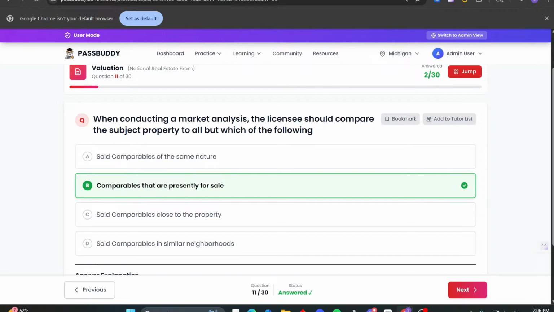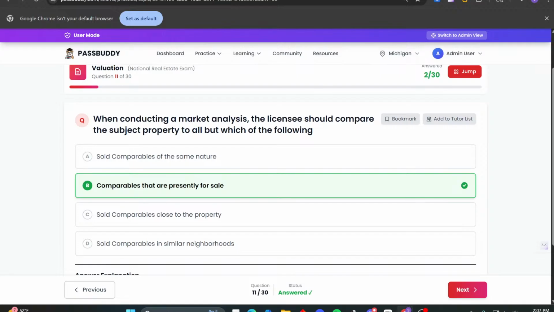Okay. So why shouldn't they do that? Well, they could do that, but why they shouldn't is because it wouldn't be in line with what an appraisal is going to present. So now imagine this. You ready?